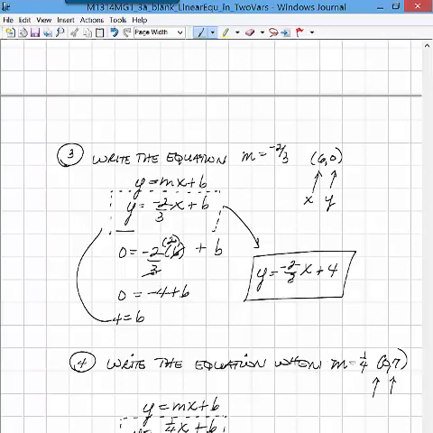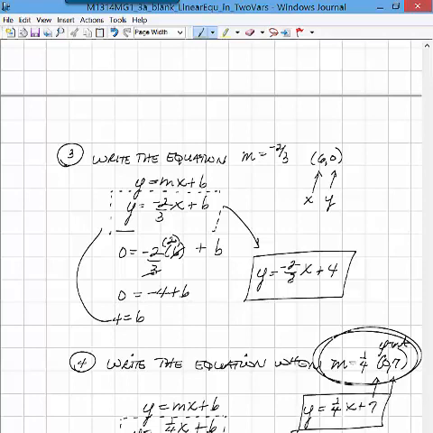So had I been on top of things, I would have said, hey, that (0, 7) is a y-intercept, so right now I can just say 1/4 x plus 7 is the equation of the line because they gave me the y-intercept. Up on number 3, I could not do that because the (6, 0) is not a y-intercept. It's an x-intercept. So you cannot take that shortcut.